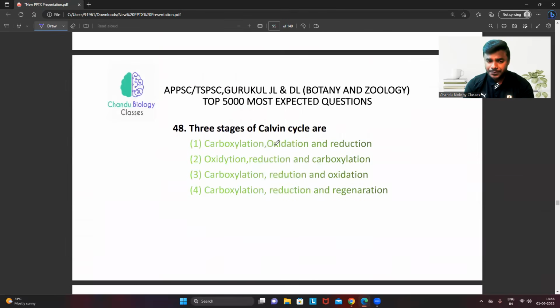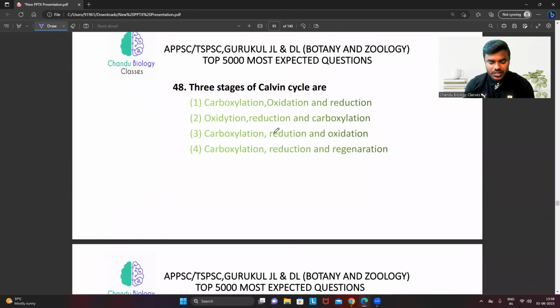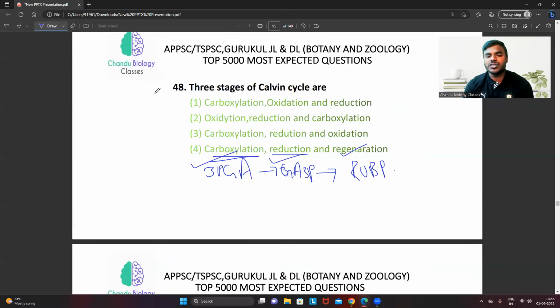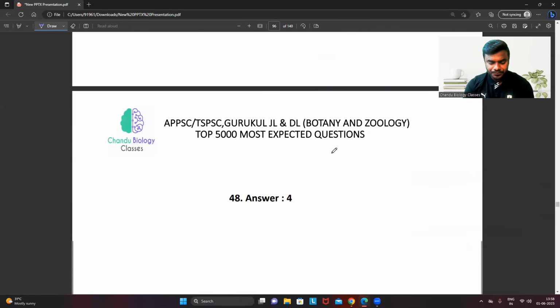What are the 3 stages of the Calvin cycle? Everyone knows very well. First, we are fixing the carbon into what? 3-PGA. Yes or no? Later, we are reducing the 3-PGA into GA3P, glyceraldehyde 3-phosphate. Finally, GA3P can be regenerated to what, friends? RuBP. In tomorrow morning's class, you'll get a good idea. So carboxylation, reduction, regeneration. The answer is 4.